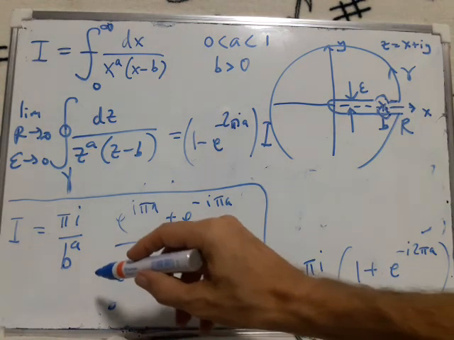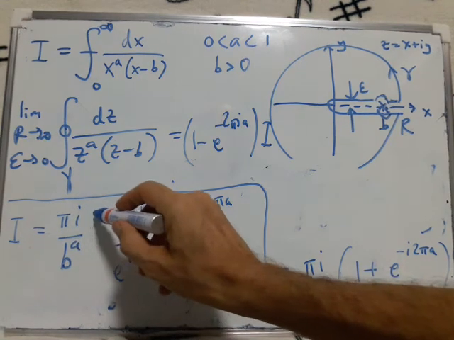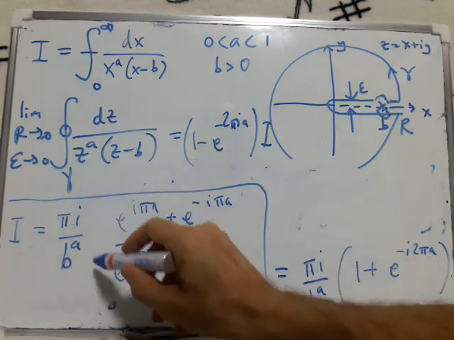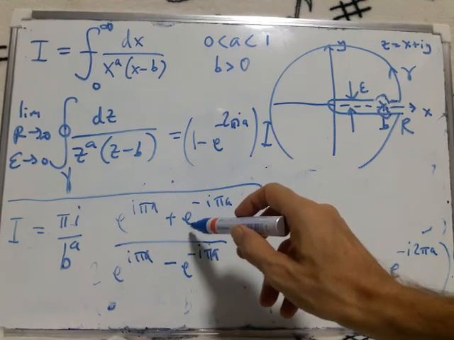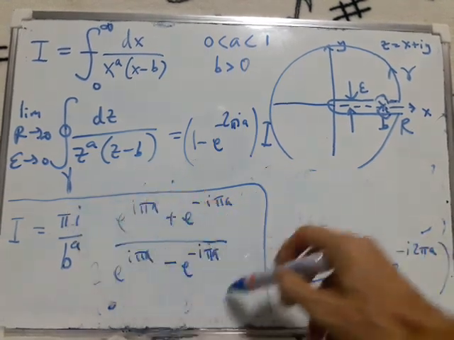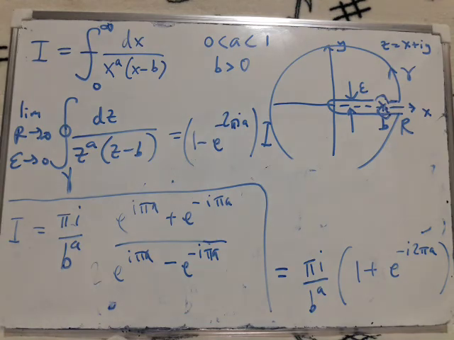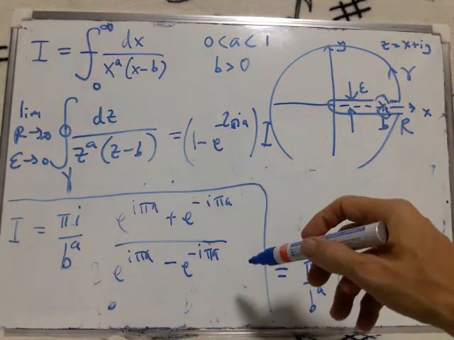So if I put factors of 2 here and a factor of 2 here, we recognise this is cos pi a and this is sine pi a. So we end up with the final answer of cos over sine, which is cot pi a.